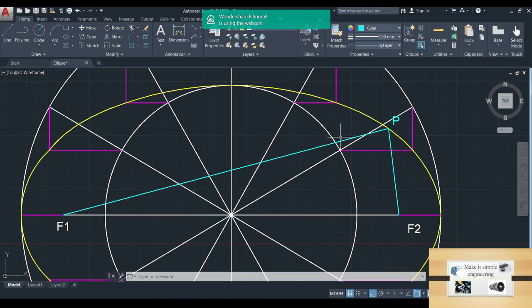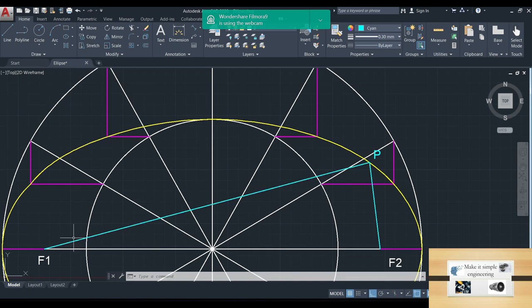Now we have to draw the tangent and normal. For that we have to bisect the angle F1 P F2.